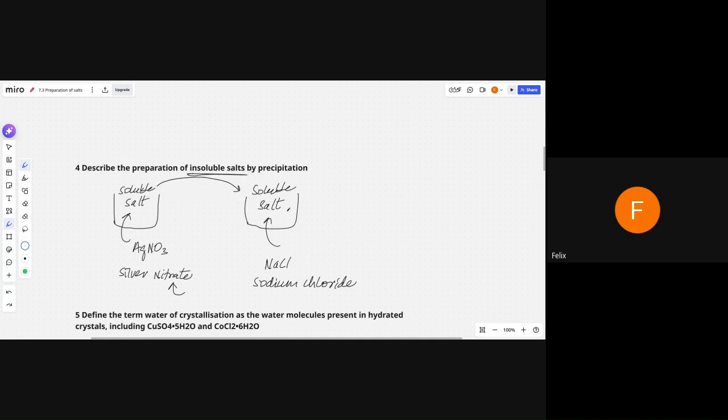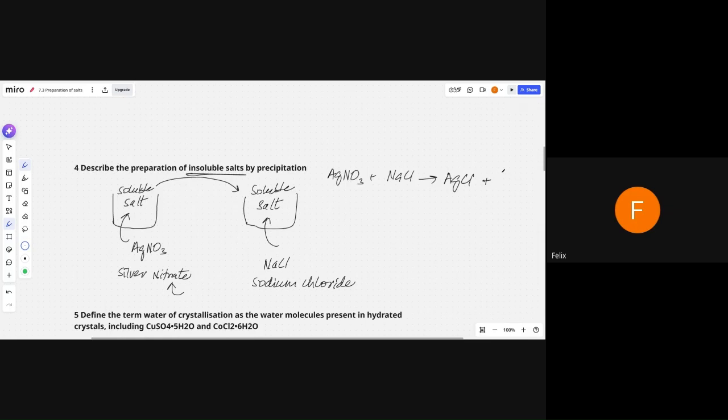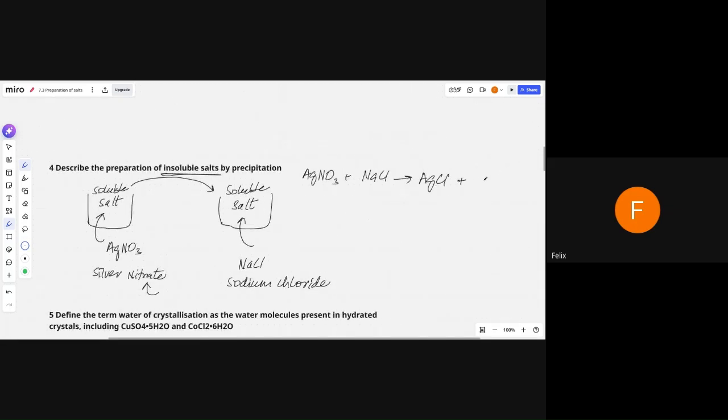Now let's see what type of reaction will occur. It will be AgNO3 plus sodium chloride. A double displacement reaction will occur, and we will get silver chloride, AgCl, where silver is in the +1 oxidation state, and the other product will be sodium nitrate, NaNO3.